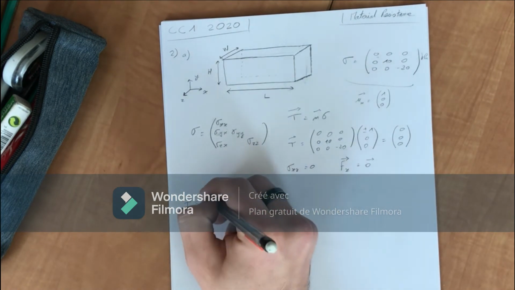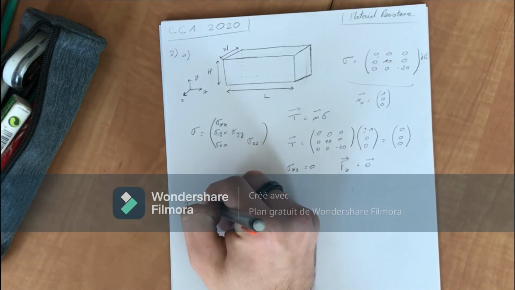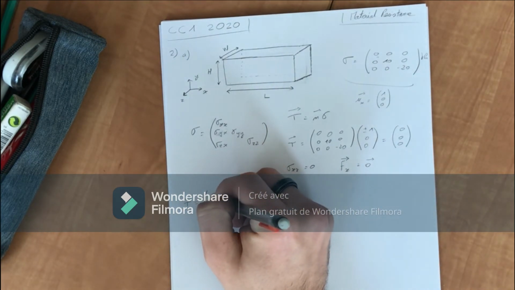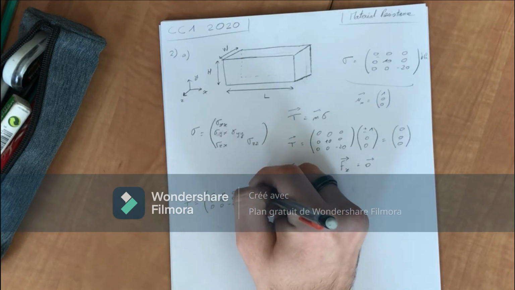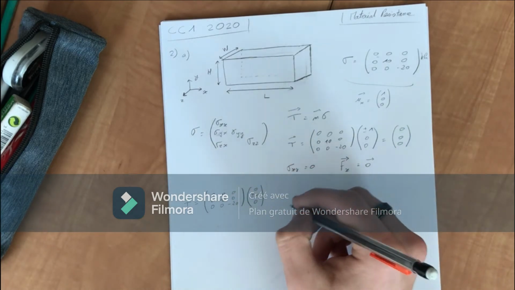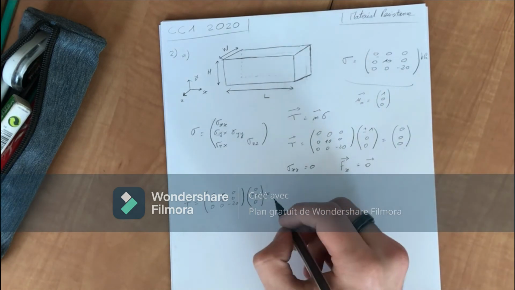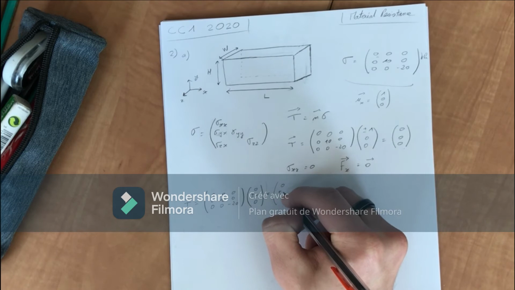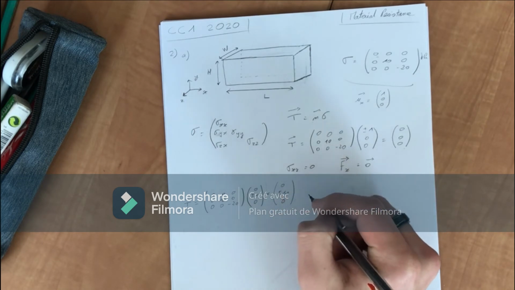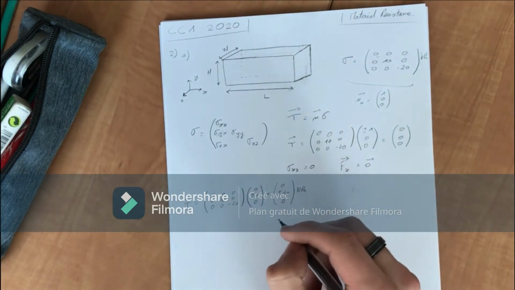You calculate this matrix times the unitary vector along the y-axis, and this time you don't have something equal to 0. You have something equal to this. You have 10 kilopascals along the y-axis.